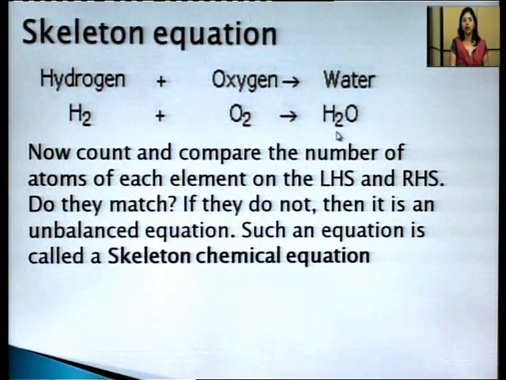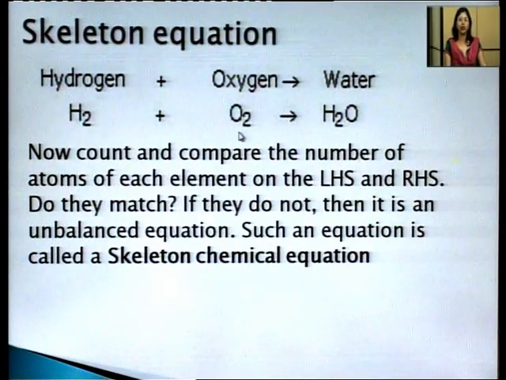The right hand side also contains 2 atoms of hydrogen. But if we compare the number of oxygen atoms, there are 2 oxygen atoms on the left hand side, but there is only 1 oxygen atom on the product side. That means their number is not the same.